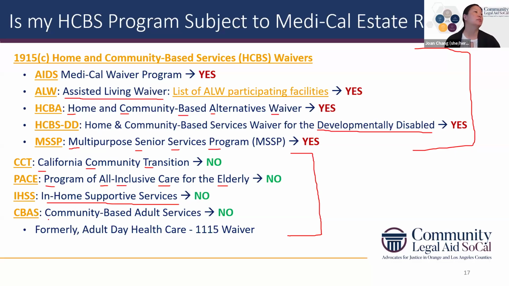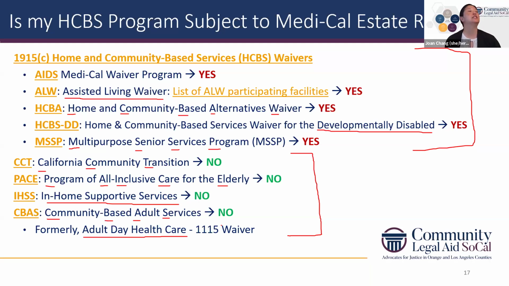And then also CBAS, the Community-Based Adult Services, which was formerly, I don't know why they changed the name because the former name is more intuitive, it really calls out what the program is, the Adult Day Health Care Waiver program. If you are part of the CBAS program, you don't have to worry about Medi-Cal estate recovery.